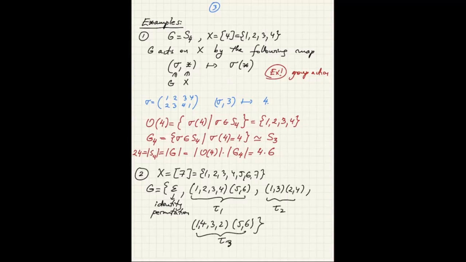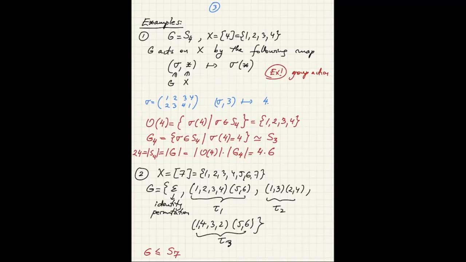Now, my claim is that G is a subgroup of the symmetric group of degree 7. How does one prove that?